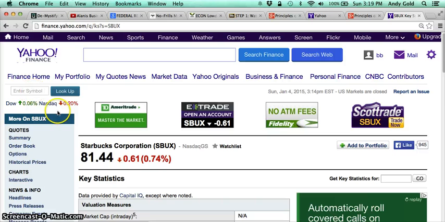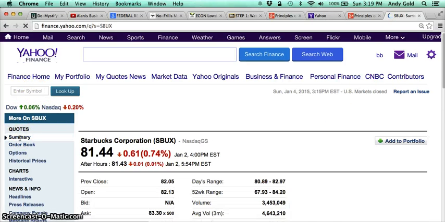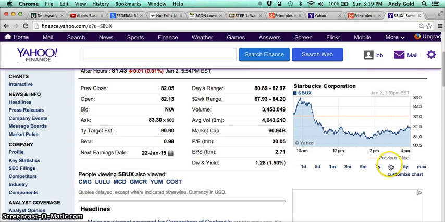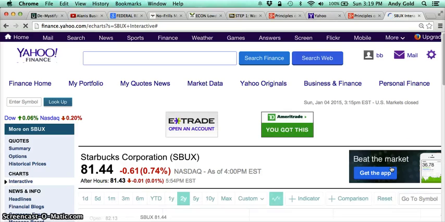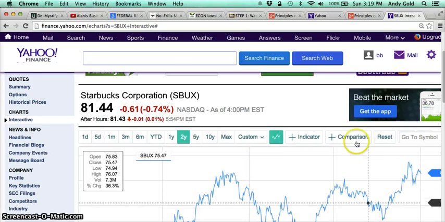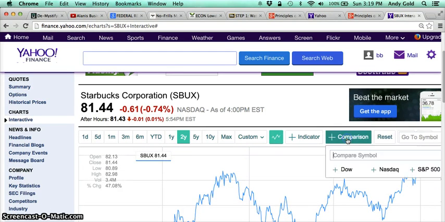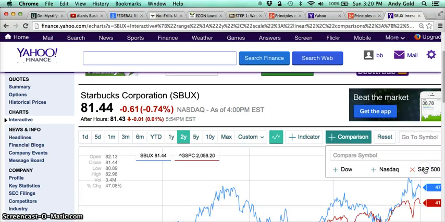And one of the interesting things you can do is if you go back to the summary for Starbucks and you say, I want to compare Starbucks stock price with the stock market overall. Like, has Starbucks or the stock market done better? So if you click on comparison, you can choose, let's say, the S&P 500.